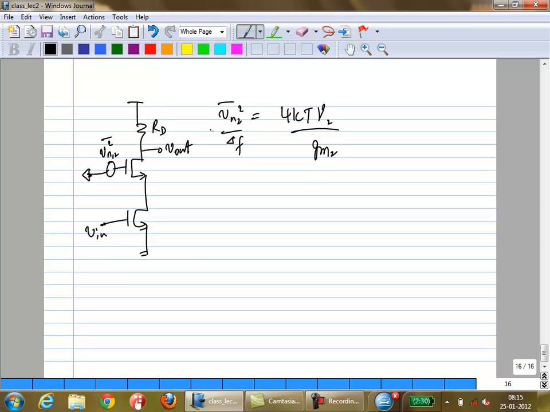Well, for this it is GM into RD for a normal common source. What is it for this? It's not GM into RD. So what you want to find out is the effective transconductance of this combination. Correct? That's the easiest way to do it. Right? And then that current flows through the output through RD, and you multiply that by RD and find out the overall gain. What is the effective transconductance of this portion, from this point to the output? What is it?